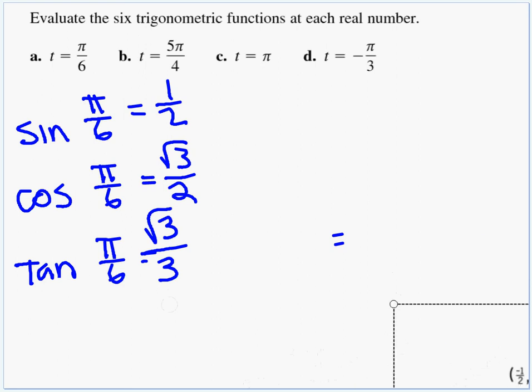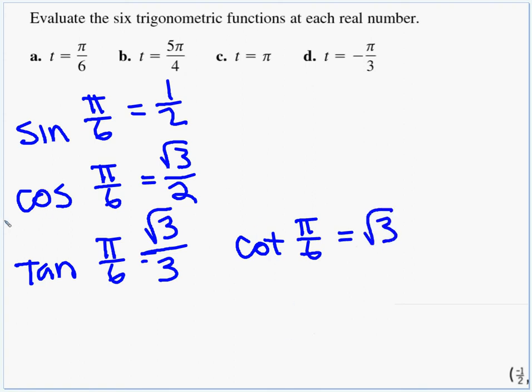Now we've got the first 3. The rest are just the reciprocals. Cotangent of pi over 6, we would just flip this over before we rationalize. That's just root 3 over 1. Cos flips over to secant. So the secant at pi over 6 would be this turned upside down, 2 over root 3.